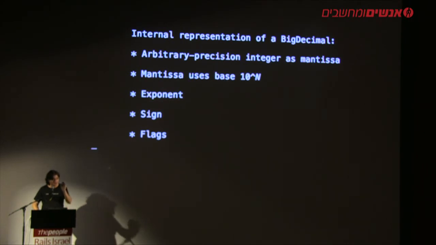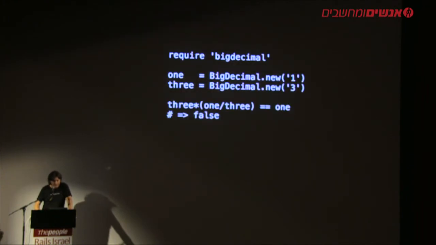So that's the key feature of BigDecimal: you can represent things exactly in base 10. The base here is some power of 10, but if you have a number in base 10, it's going to be representable in any power of 10. And then there's an exponent, and that's internal stuff.